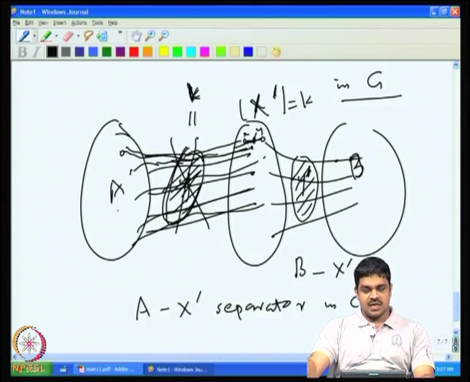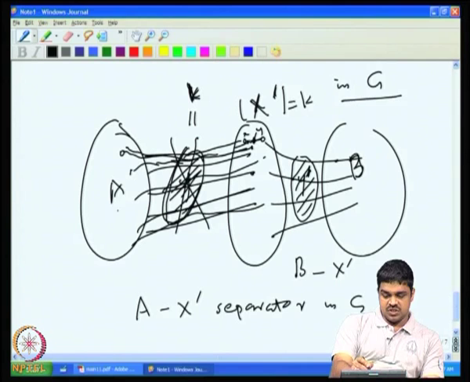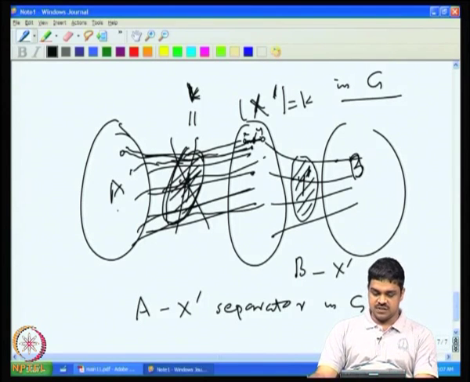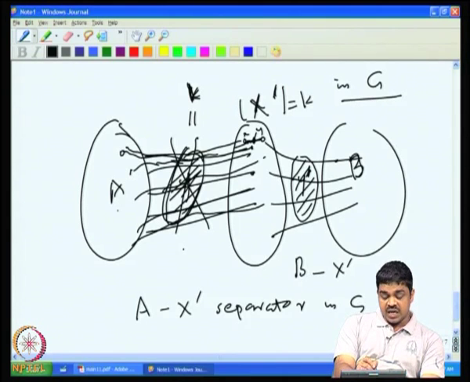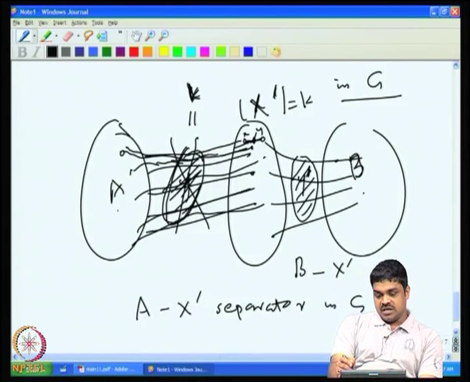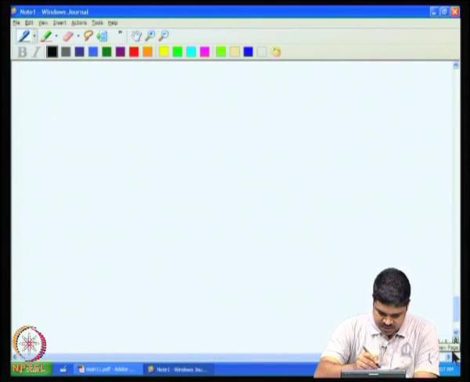So, it means that even with this new edge x y, that is, in the original graph G, we have k disjoint A x dash paths in G, and similarly k disjoint B x dash paths in G. So, we will get a picture like this.